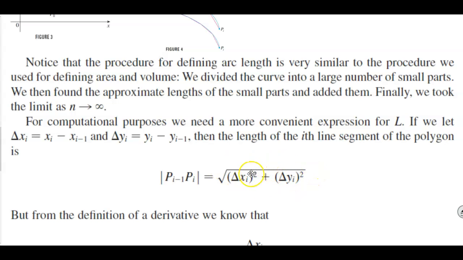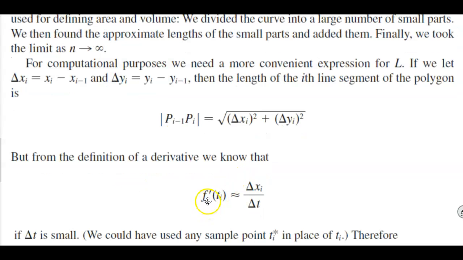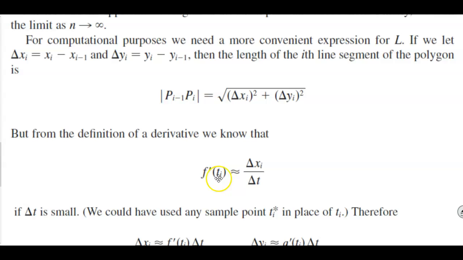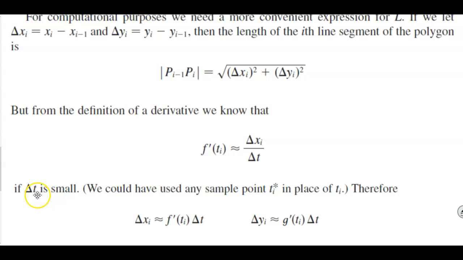And that is the definition of the length, or the distance. Now, from the definition of a derivative, we know that f prime of t subscript i is approximately delta x subscript i divided by delta t, if delta t is small.